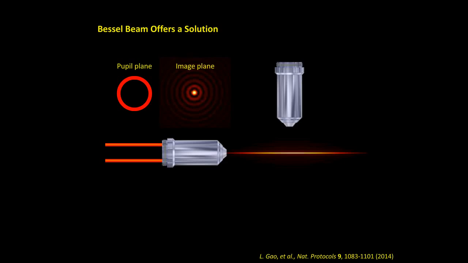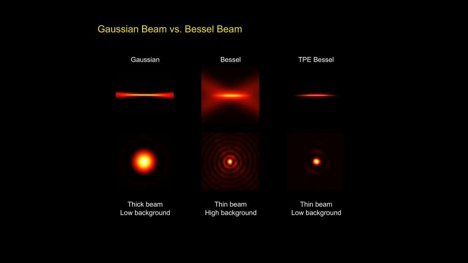The Bessel function is a very long and very thin light sheet. So with this kind of light sheet, we can get a large field of view and very good optical sectioning. That's why we first did Bessel beam microscopy.